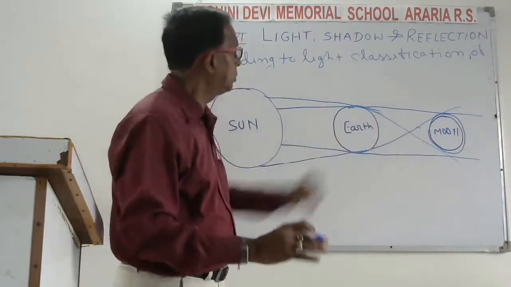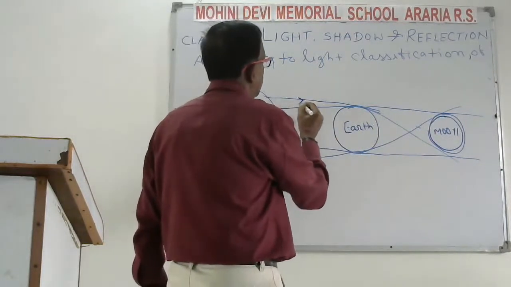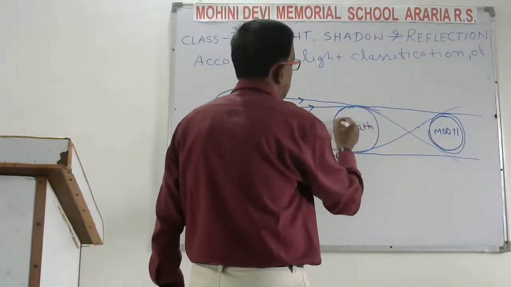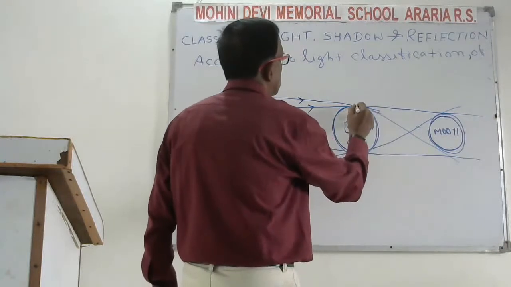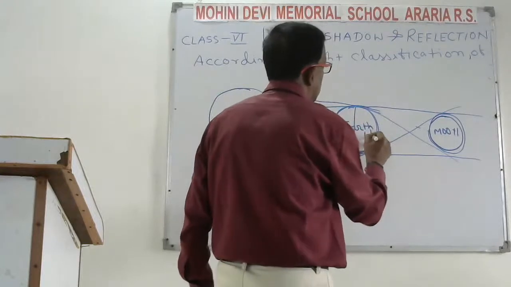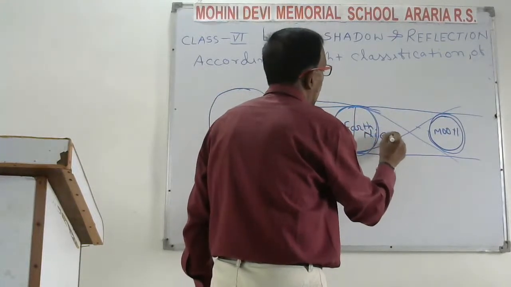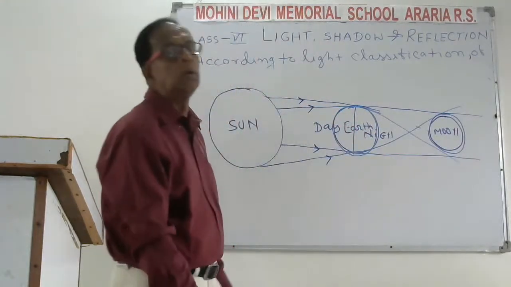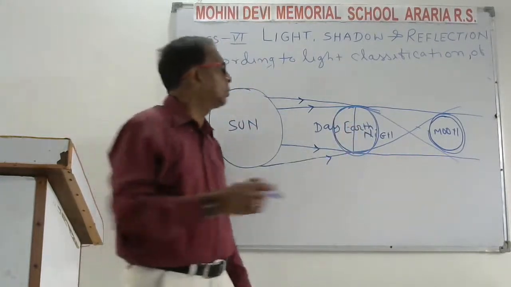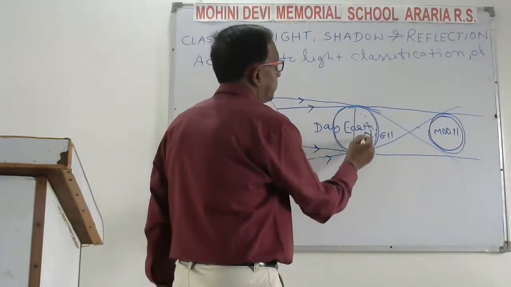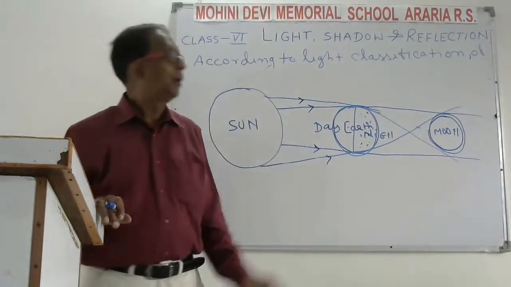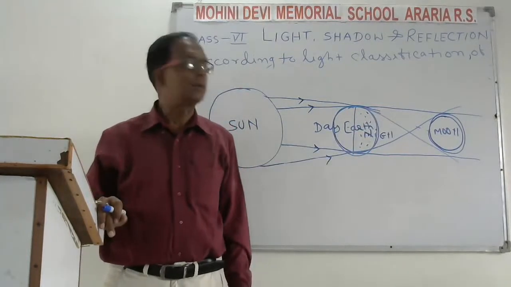But here, in this case, the light coming from the sun is stopped on the surface of the earth. This part is day of the earth and this part is night. No light is falling on the moon, therefore the people living on this part of the earth are unable to see the moon, and then a lunar eclipse occurs.